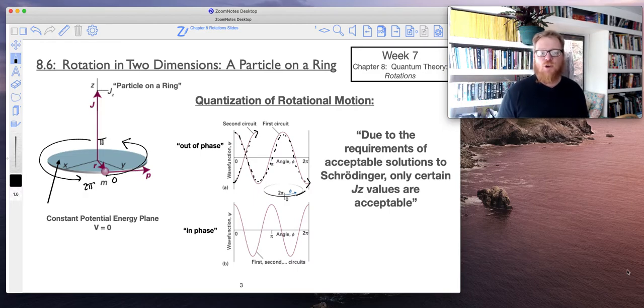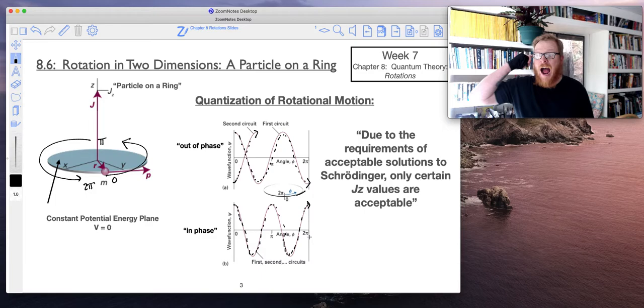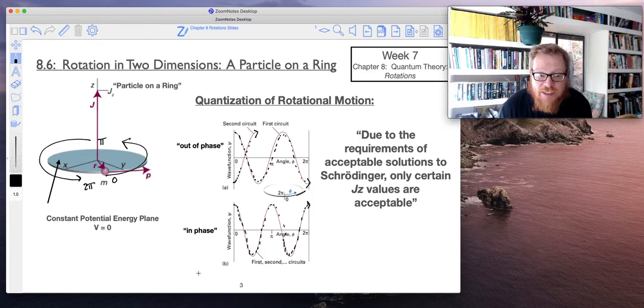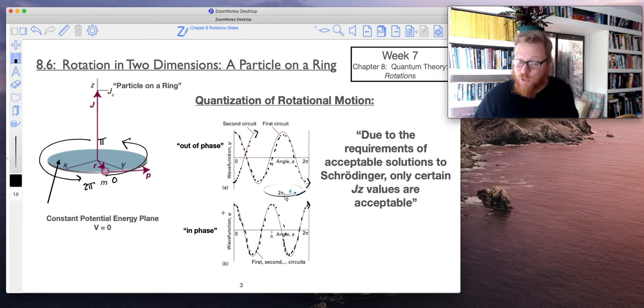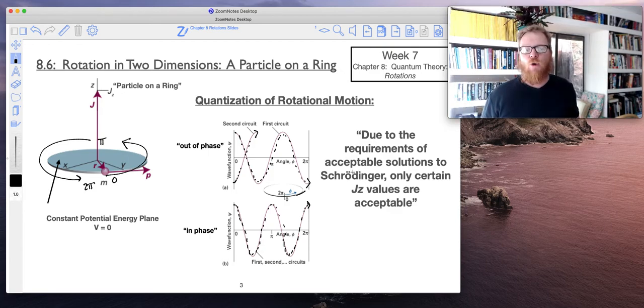So what we have to do instead is have in-phase rotation, where if I start up here and go through my first full circuit from 0 to 2 pi, I have to end up where I started. Because now when this goes to its next loop, it's going to be single valued, okay? So this is our main boundary condition requirement in the particle on a ring problem: we have to have in-phase rotation.